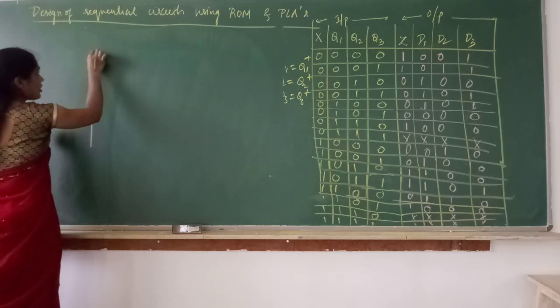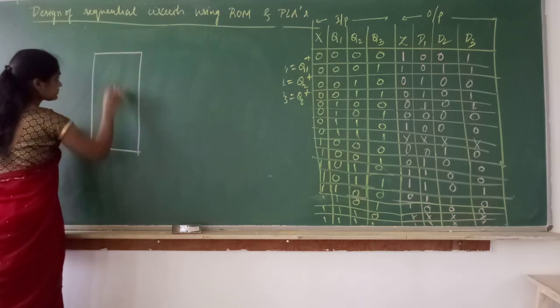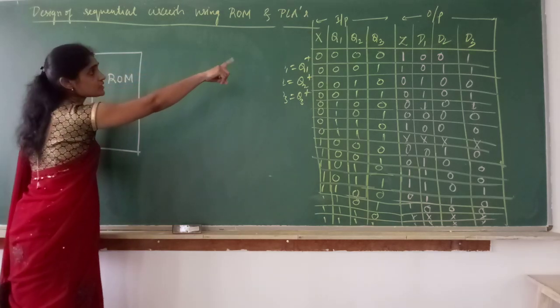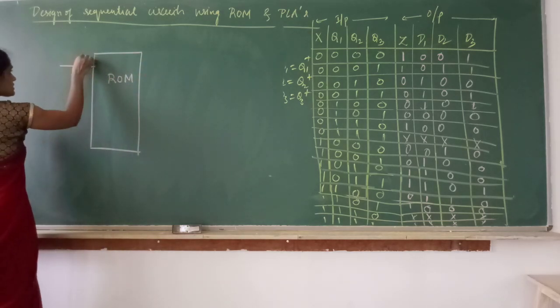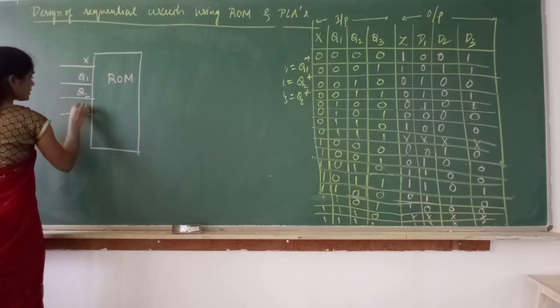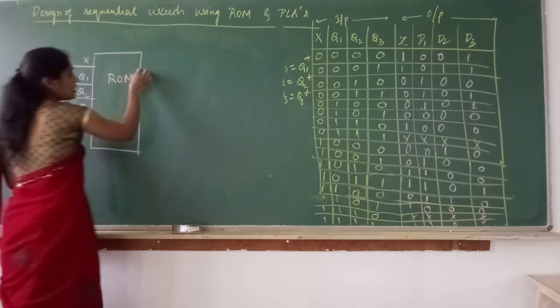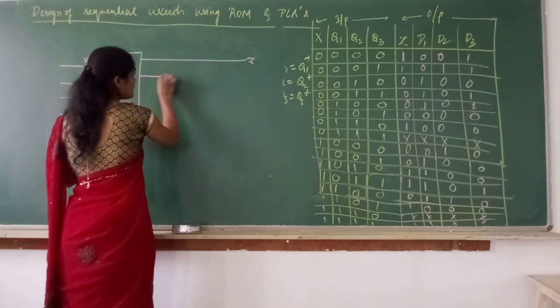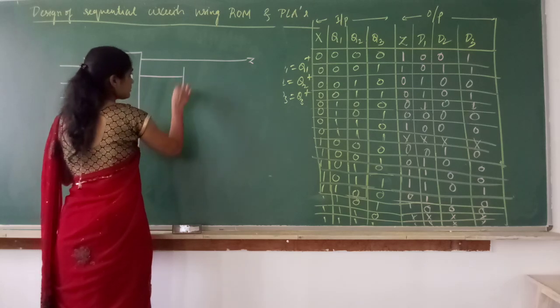So we have a ROM, with inputs X, Q1, Q2, Q3. Outputs are Z and D1, the first flip-flop.